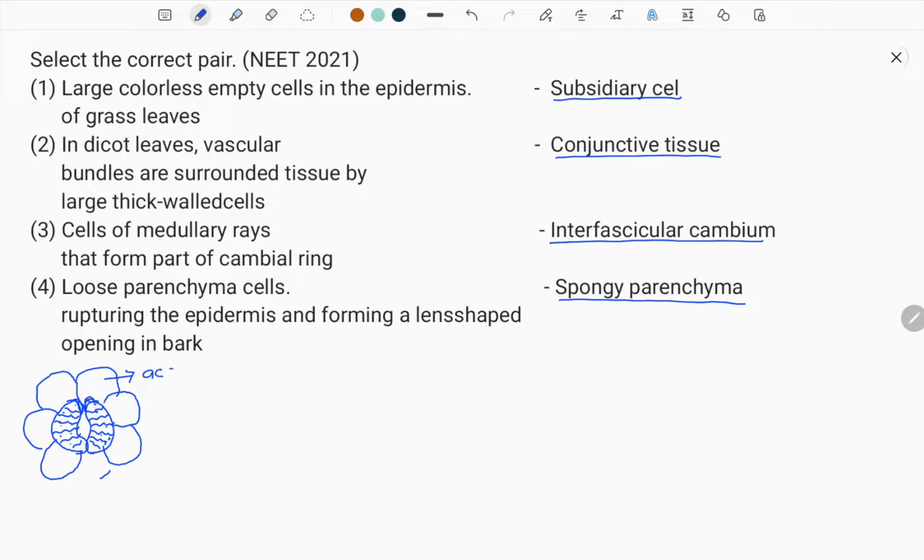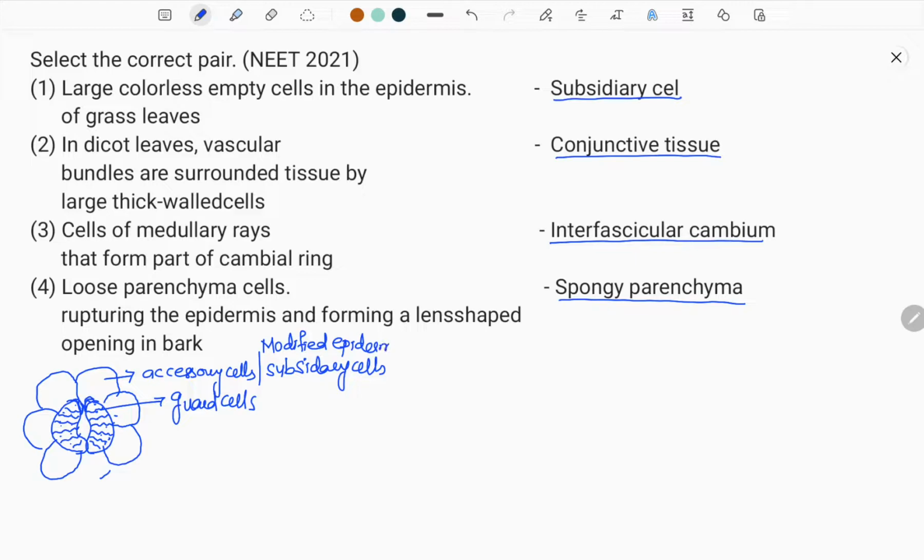So these are the accessory cells, or they are called subsidiary cells. And these are the guard cells. Remember, guard cells and subsidiary cells both are modified epidermal cells.